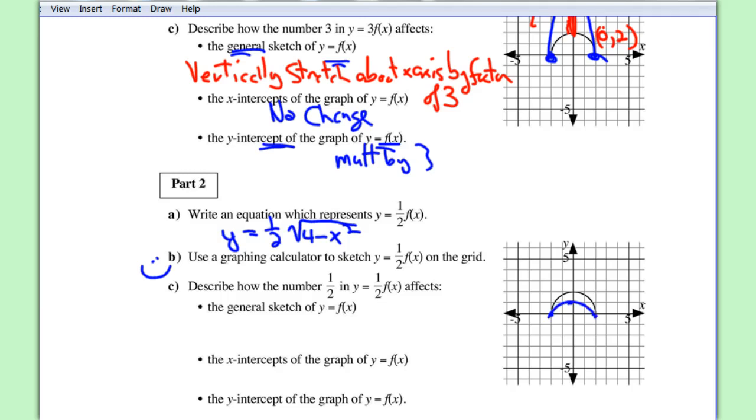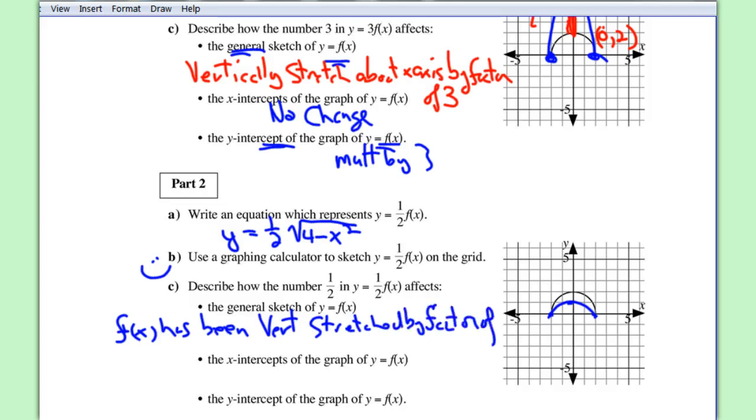Again, I describe how the 1/2 affects it. Well, it seems like f of x has been vertically stretched by a factor of 1/2. In other words, the blue graph is 1/2 the height.